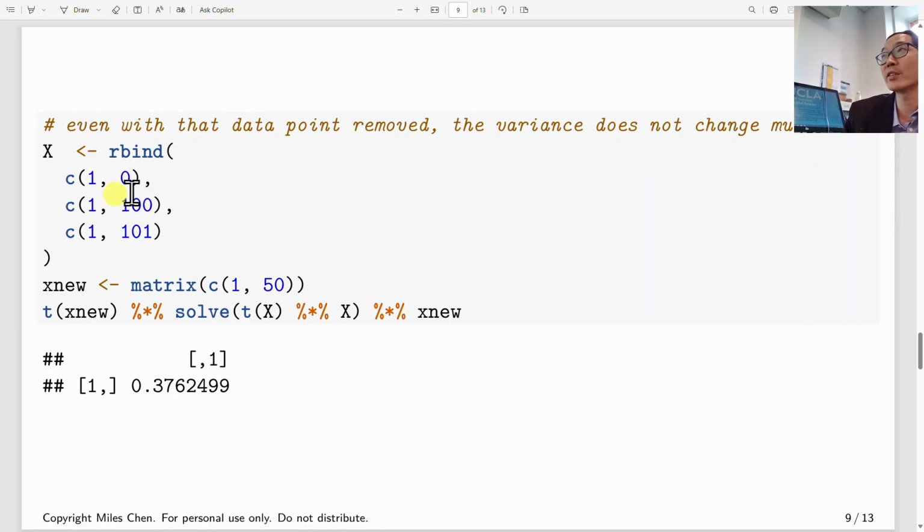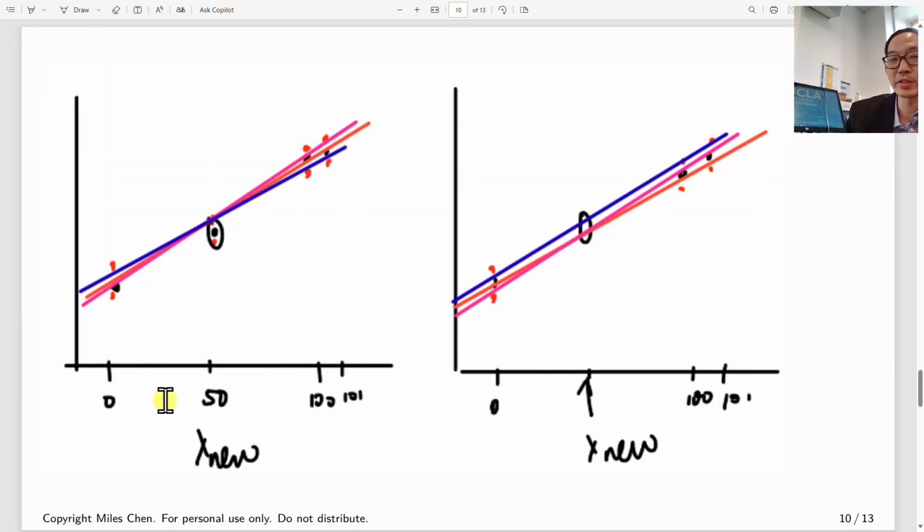Here, I get rid of that observation at 50. I have less data, so my variance goes up a tiny bit, but not dramatically so, 0.376. And that makes sense. This data point isn't providing a ton of information regarding where my slope and intercept and where my prediction is going to be.